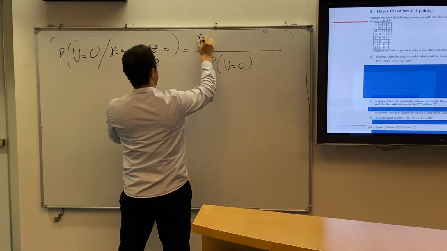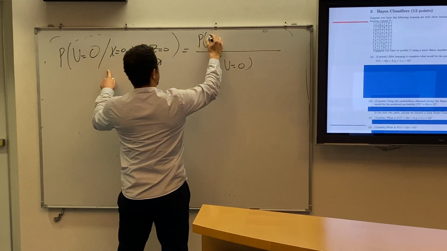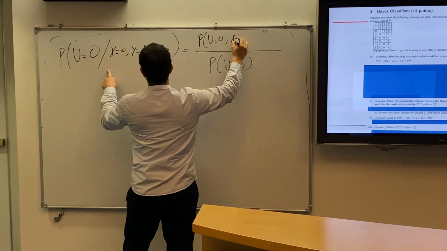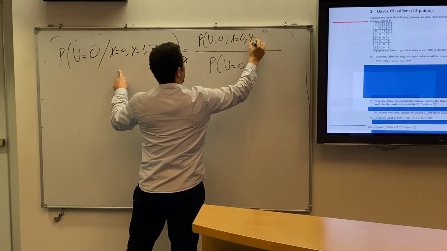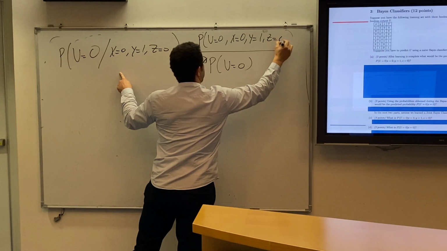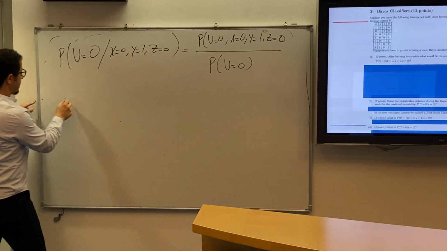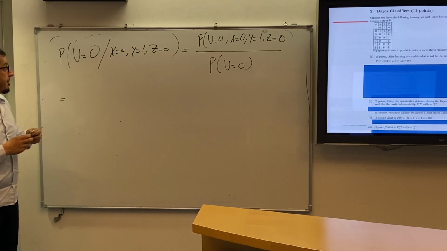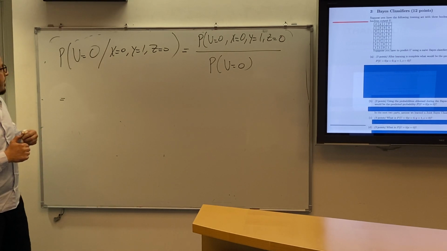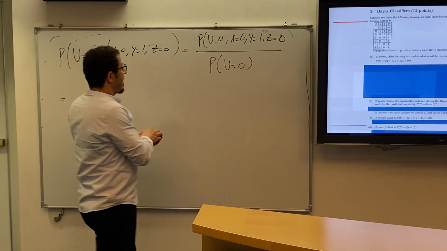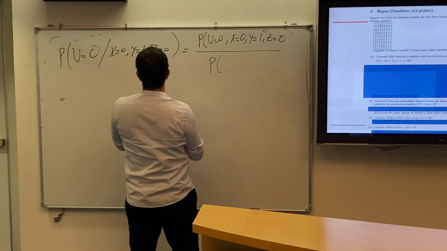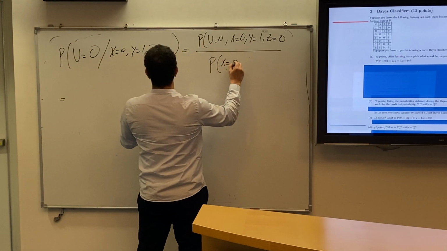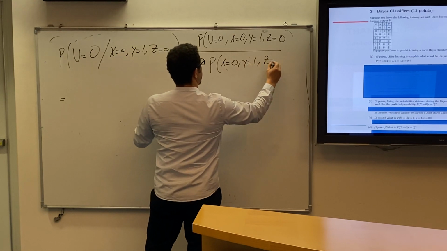And this is probability of u equals to 0, x equals to 0, y equals to 1, z equals to 0, right? It's not u equals 0. It's the denominator, x equals 0. Ah, yes. Thank you so much, you're right.